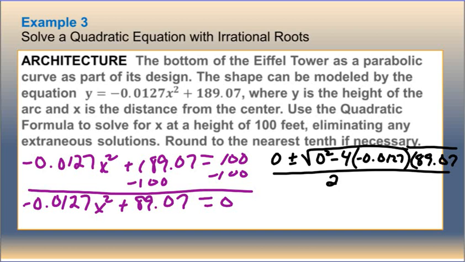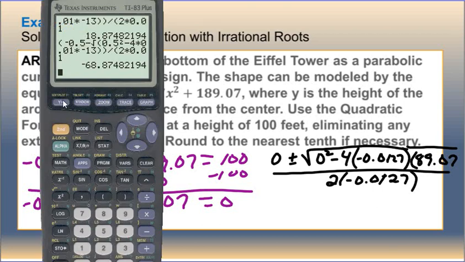Divide that by 2 times negative 0.0127. Now I know my denominator is going to be a negative, and up here I need to use the negative root. So if I use the negative root, I should get a positive answer.